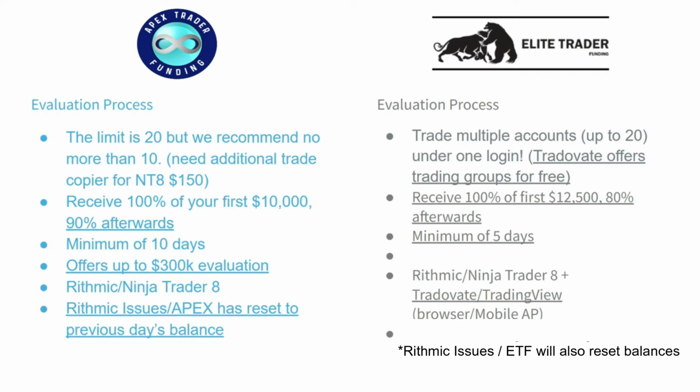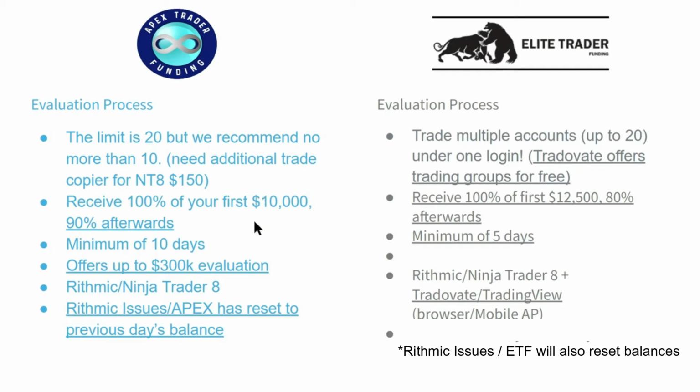Now, if you want to use NinjaTrader 8 and Rhythmic with Elite Trader Funding, then you would still need a trade copier, and Apex Trader Funding's trade copier can be used for any evaluation. It's a trade copier for NinjaTrader 8. So you don't have to just trade with Apex Trader Funding to get the trade copier. But with Elite Trader and Tradovate, you can set up a trading group and add all your accounts under that trading group.